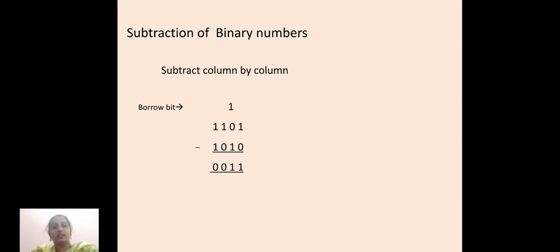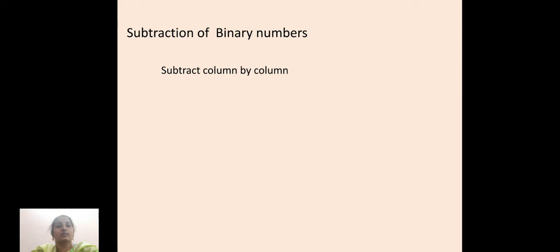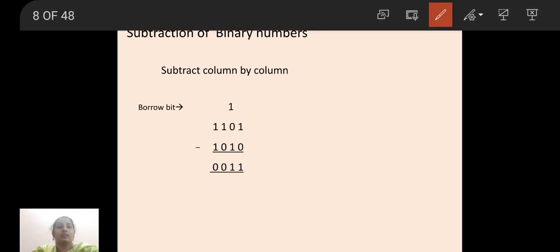So 1 minus 0, we are getting 1 here. But here 0 is there, so how can we subtract 1 from 0? No, there is no possibility, but there is a possibility by taking borrow from the next number. When I take borrow from the next one, only 1 is there.